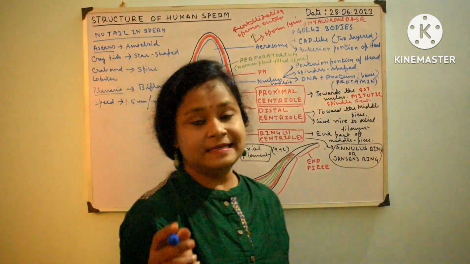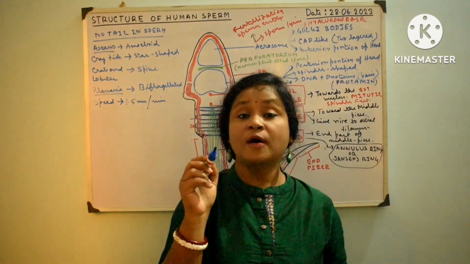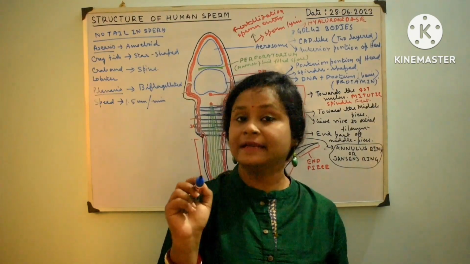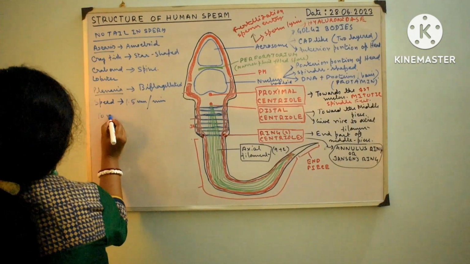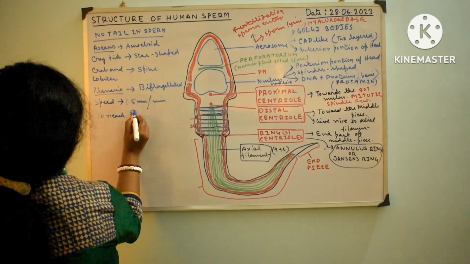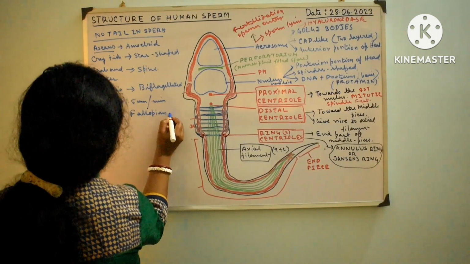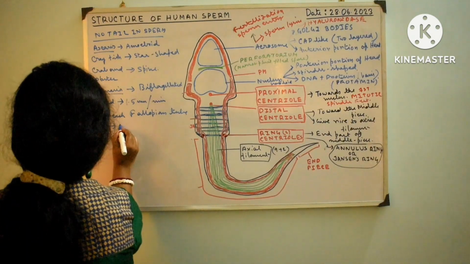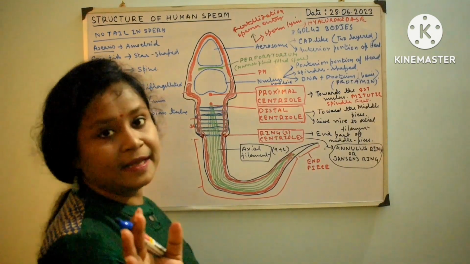And after ejaculation, to reach the fallopian tube from the vaginal tract, the sperm takes 30 minutes.